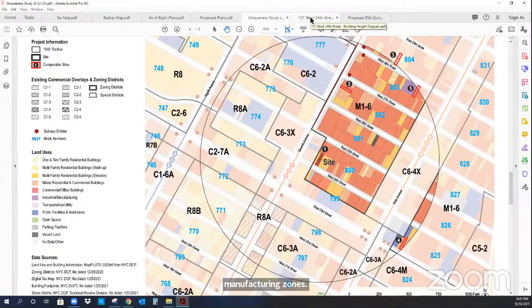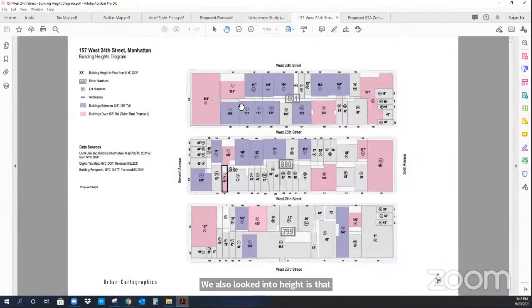We also looked into height, as that was a concern that we heard. So we looked into the height of the 2 adjacent blocks. The proposed height of the building is 155 feet, shaded here in pink. So there are other buildings of that height or taller within the area. And if you could see this here, there are maybe, I would say, 7 or 8, possibly up to 10 buildings of that height or taller.